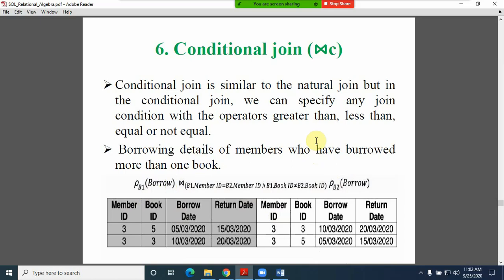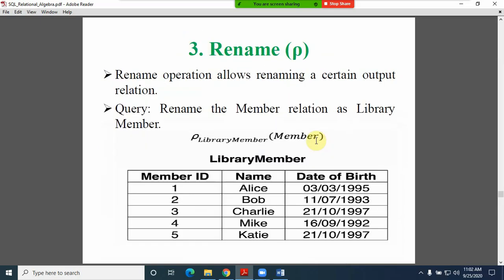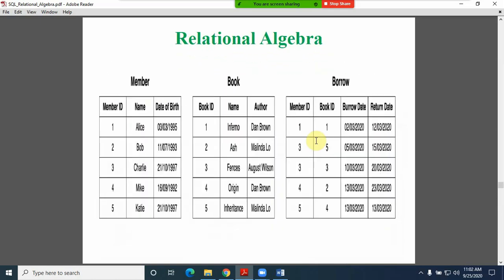Similarly, friends, I want to output a particular condition like this from the first table. I want to output the members who have a date of birth less than 97. Less than 97, only two members, Charlie and KT, which are 3 and 5. If you reference all the other members, their date of birth is 93, 95, 92 like that.